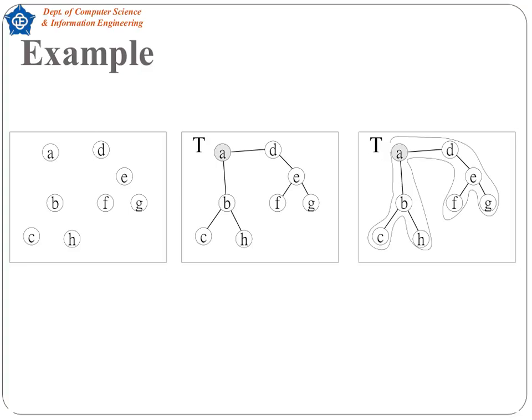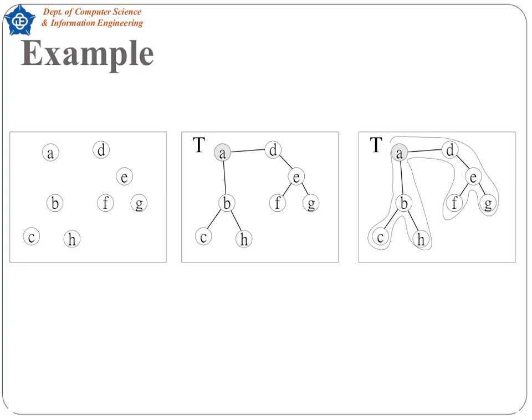Building on our MST example, here's what's happening on this slide. On the left, we start with 8 isolated vertices labeled A through H. In the center, we've added edges to form a spanning tree T. A connects to B and D, B branches out to C and H, D extends to E, and E splits into F and G. Finally, on the right, we turn that tree into a tree decomposition by grouping vertices into overlapping bags.